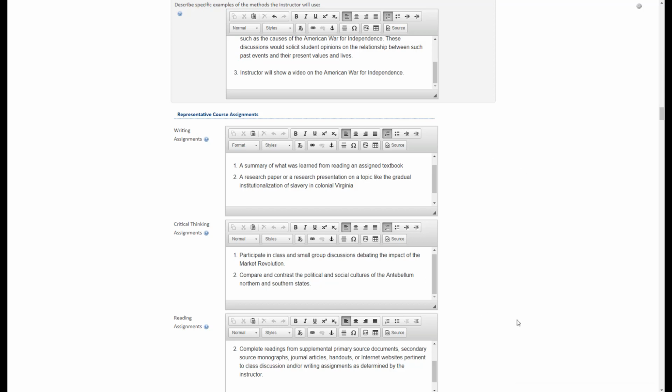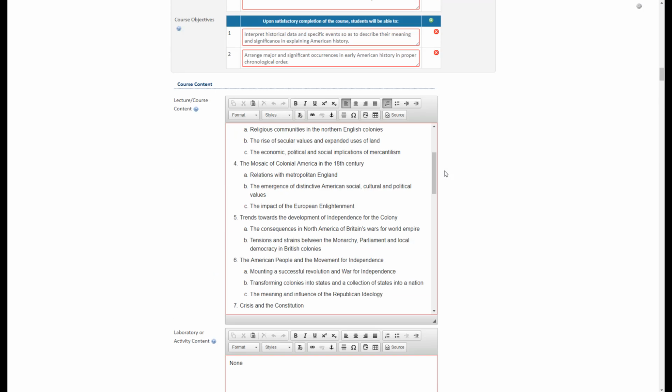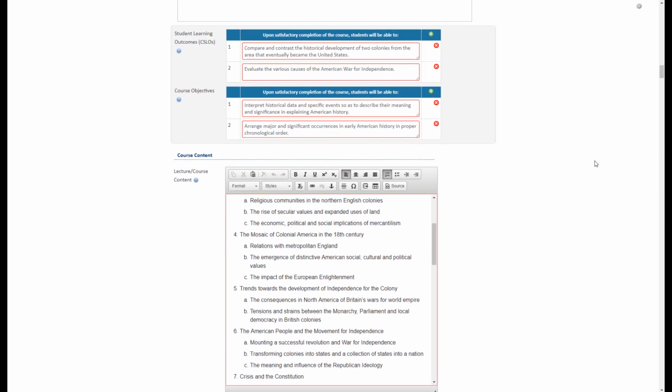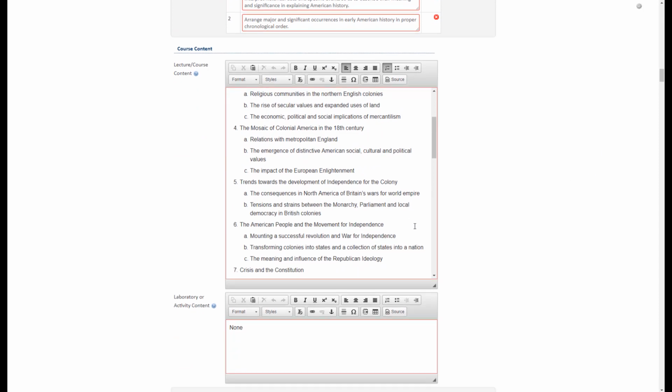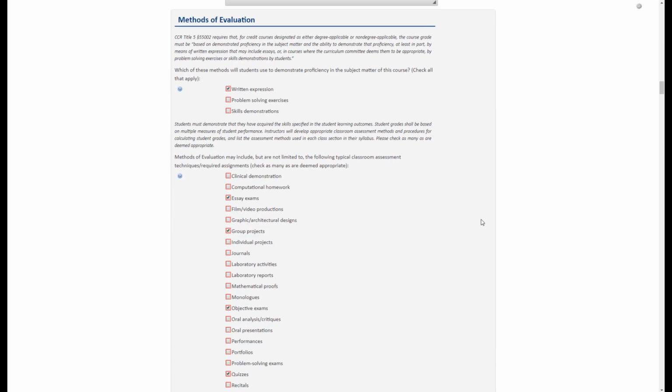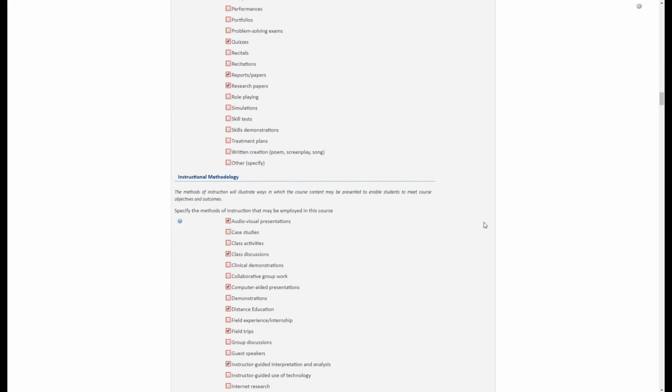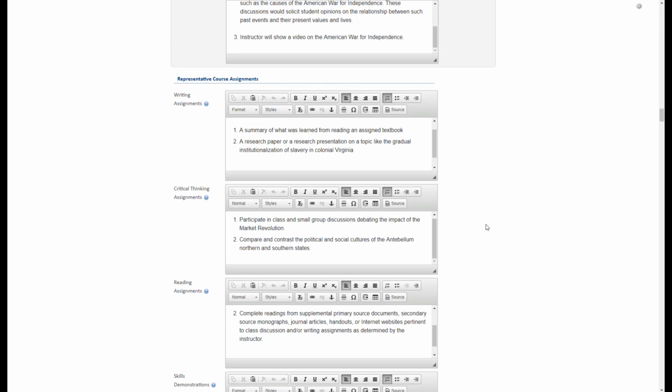So somewhere in here we should see an assignment that evaluates if students know the causes of the American War for Independence. So again, we have our course objectives that are being covered in our course content, which are being taught by these methods and are being evaluated by these assignments.